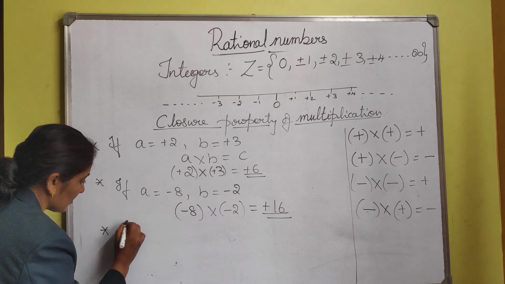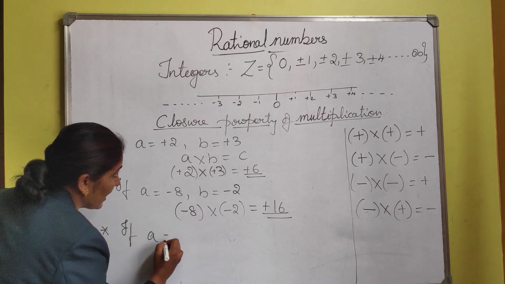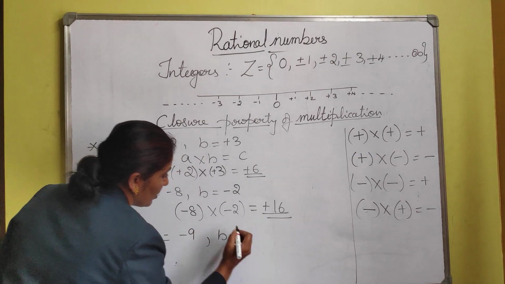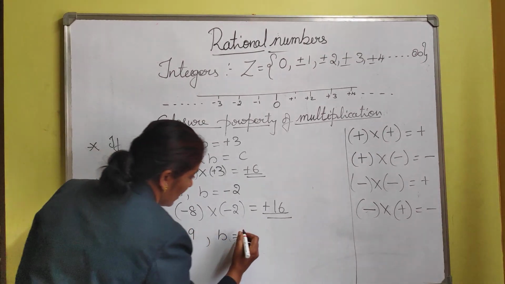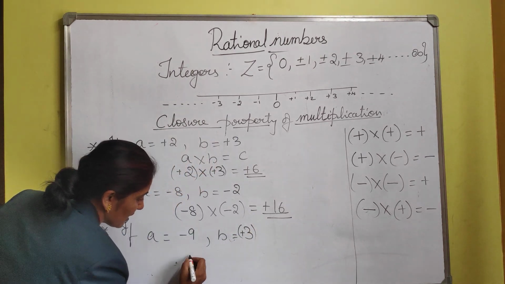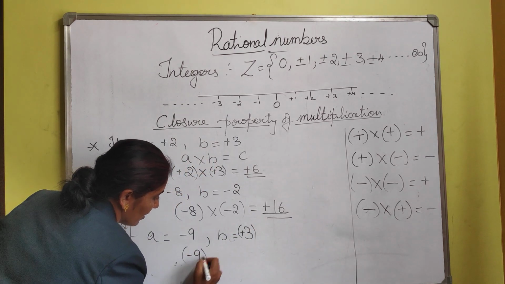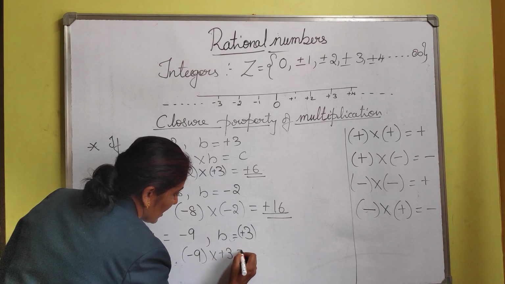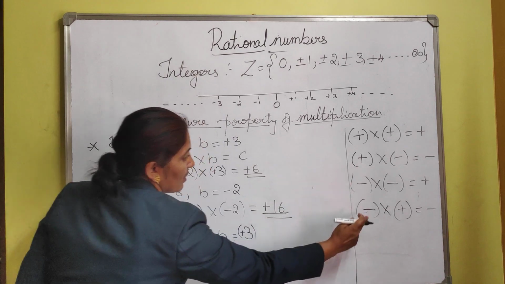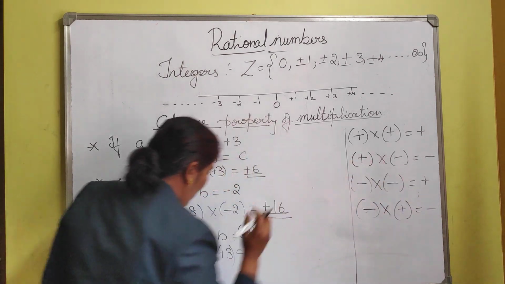Observe the third case. If a is equal to minus 9 and b is equal to plus 3, then minus 9 into plus 3: minus into plus is again minus.